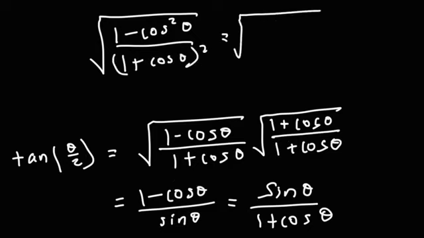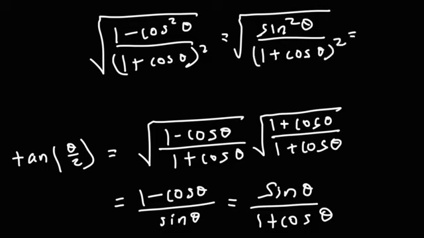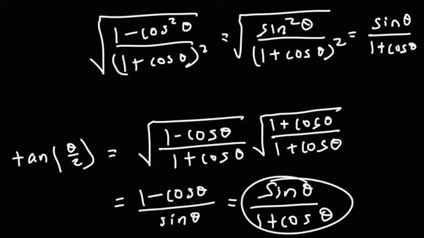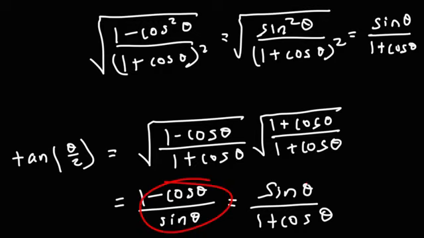And we know 1 minus cosine squared is sine squared. And the square root of sine squared is sine. The square root of 1 plus cosine squared is just going to be 1 plus cosine. And that will give us this form of the equation. So that's how you can derive the other forms of the half angle tangent identity.